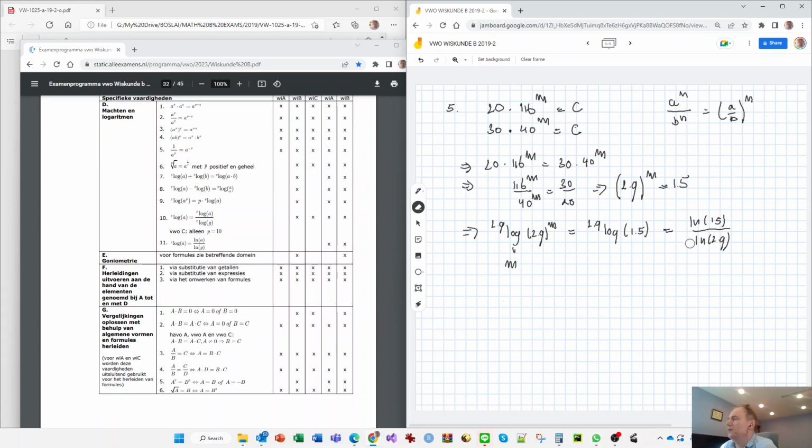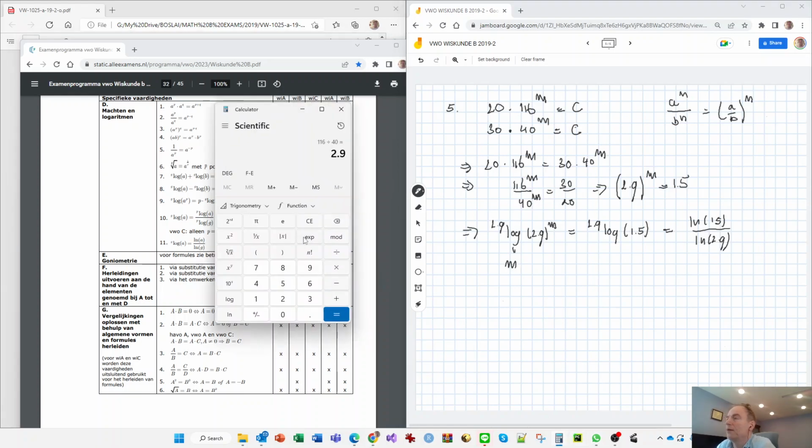Okay, so then we just plug that into the calculator. The 1.5 log divided by 2.9 log is 0.38. Let's keep 3 decimals here.